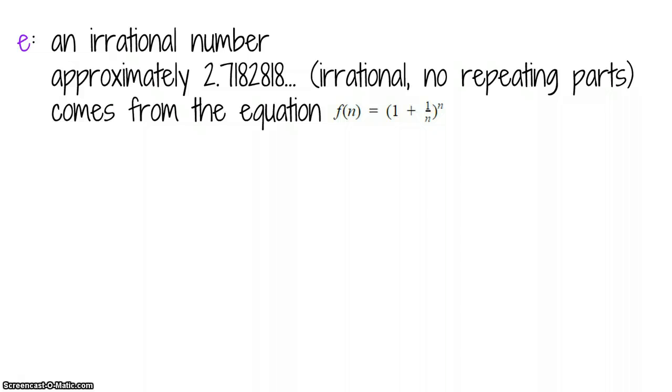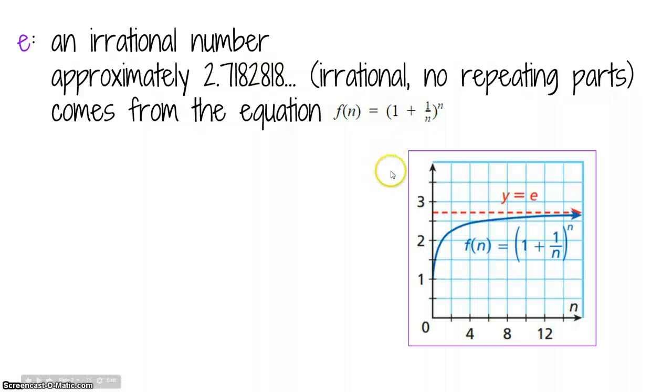Kind of a weird equation, but if we graph it, we can see, okay, as n gets really, really close to 0, really small, we just get a small number here. But as n increases, and so on, as n gets really, really big, it just keeps approaching and approaching this number.